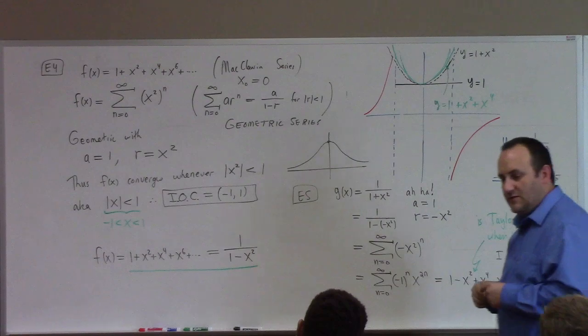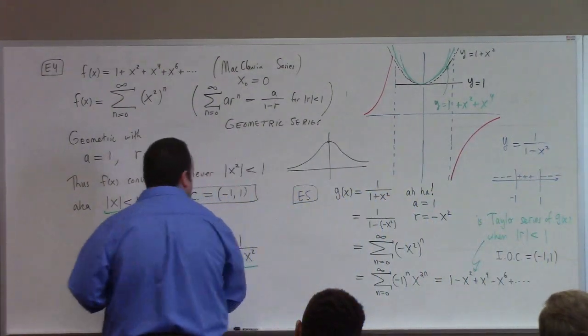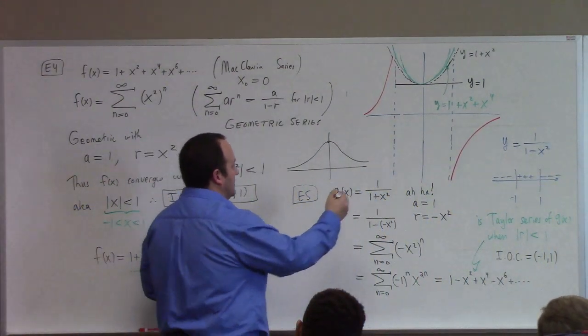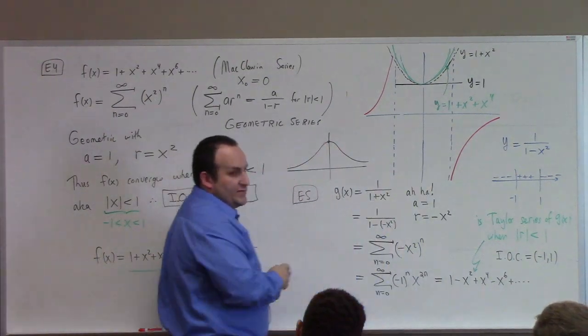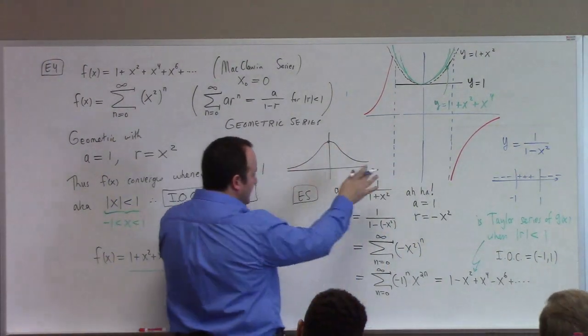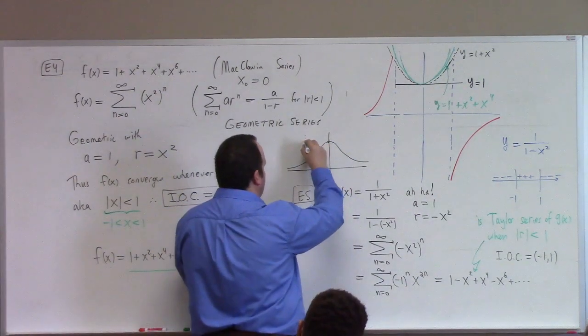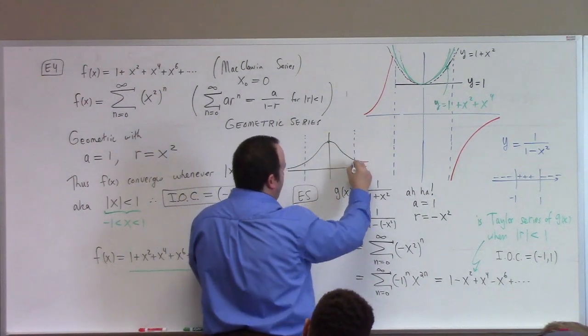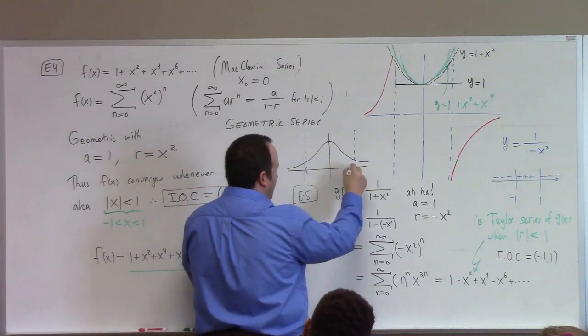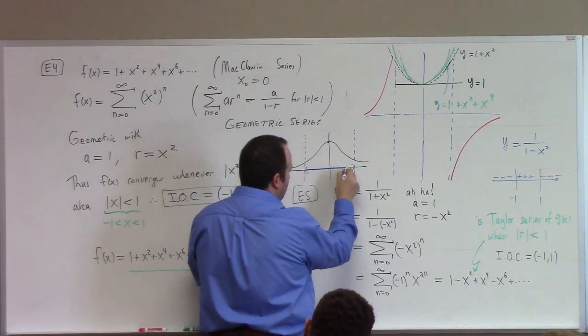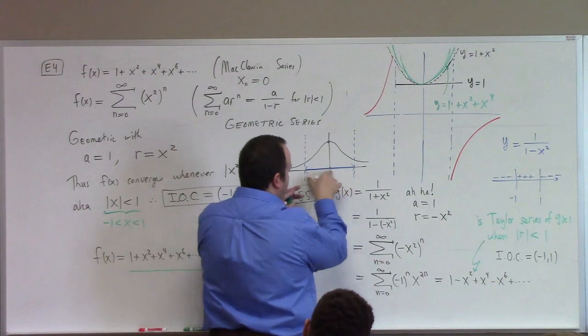So you see your intuition can be misleading. Yeah, this had limitations because it had vertical asymptotes. This doesn't seem to have any kind of limitations. It's smooth everywhere. Very nice function. But for some reason, we can't get beyond here. If we center the series here, that's the interval of convergence.